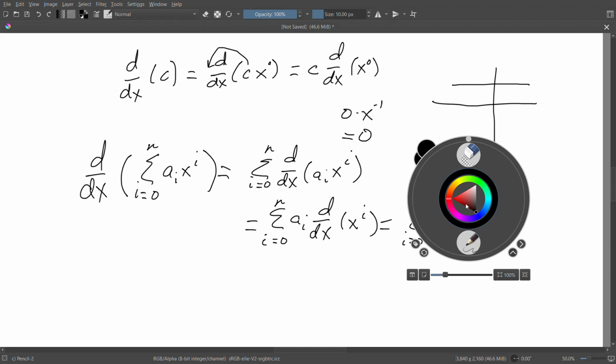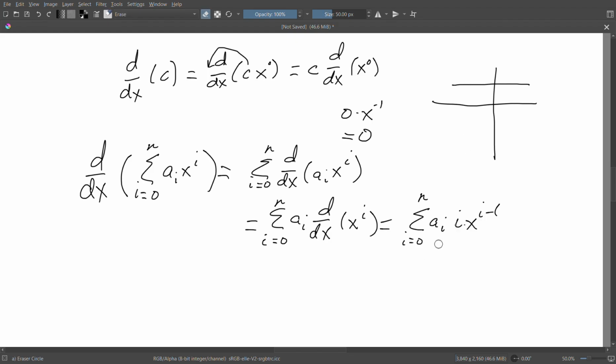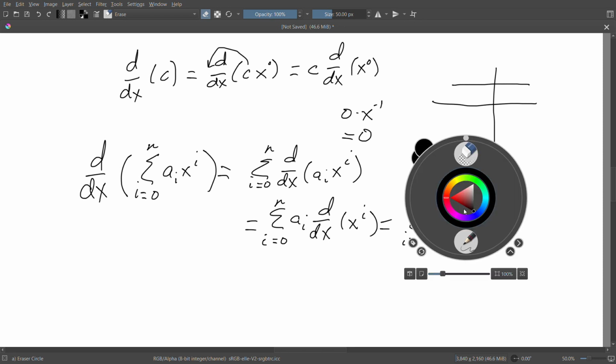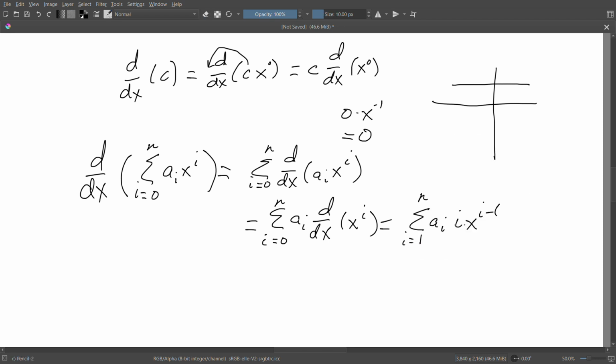Okay, but then we need something here. This is actually not going to be from i equals 0, because if we put i equals 0, we get 0. So I can actually just remove that and put a 1. So that's the derivative of any polynomial.